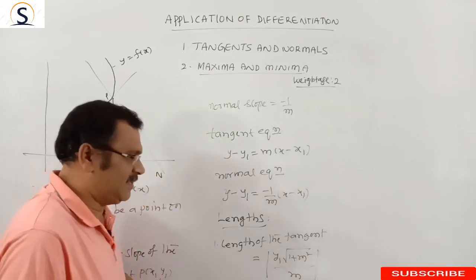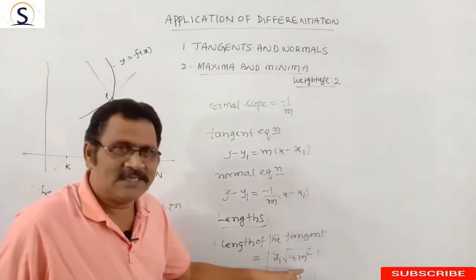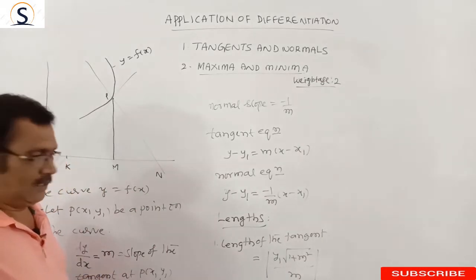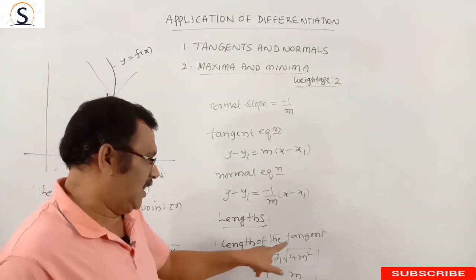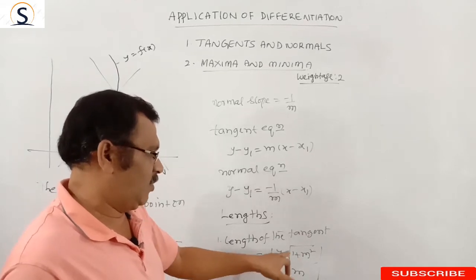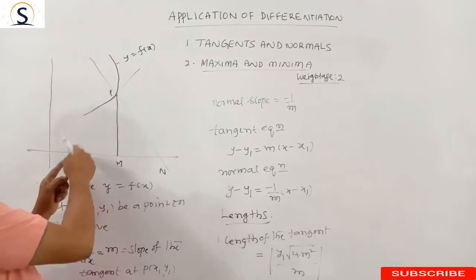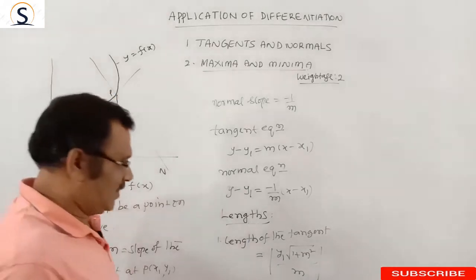This is the length of the tangent, where m is the slope of the tangent at the point x1, y1. Therefore, tangent length is y1 into under root of 1 plus m square by m. Here in the picture, PK is the length of the tangent.